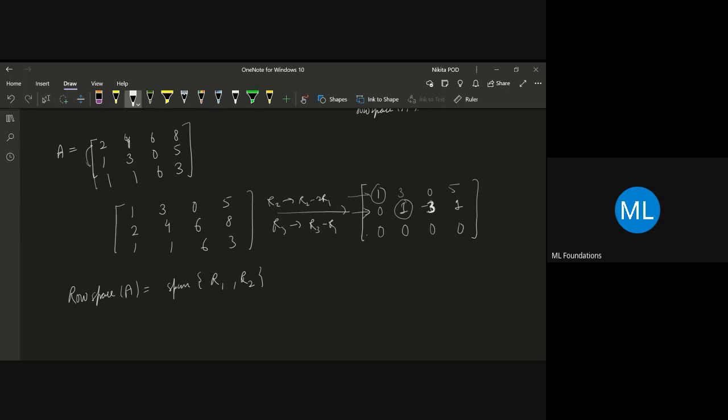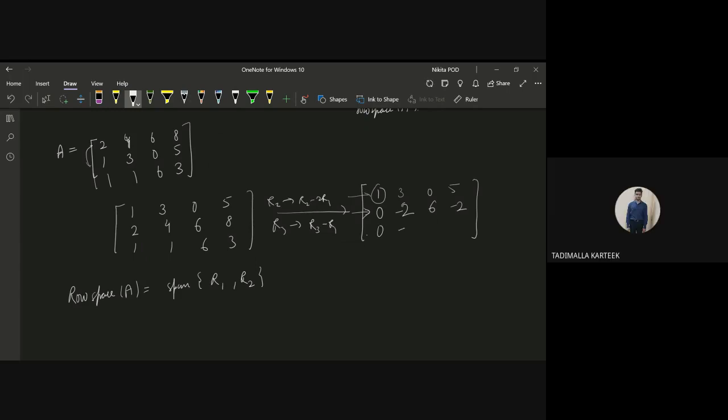Can you show a couple of steps before the final result? Okay, so R2 is replaced by R2 minus 2 R1, so it is 0, 4 minus 6, which is -2, 6, and 8 minus 10, which is -2.